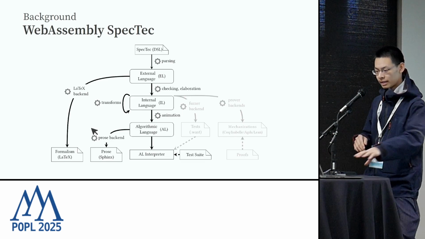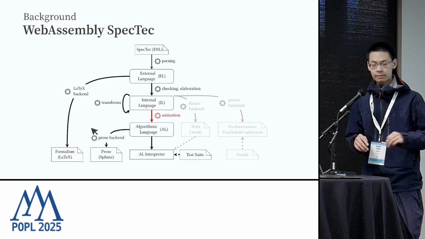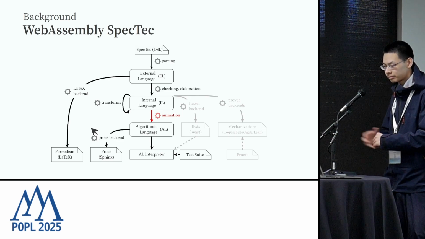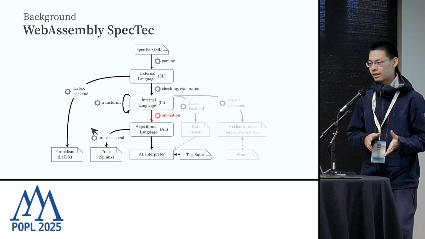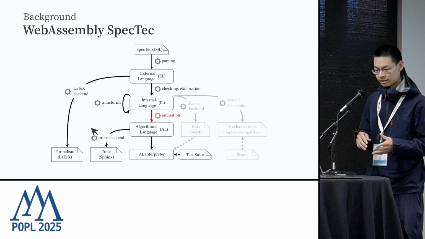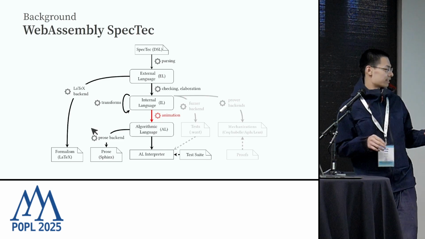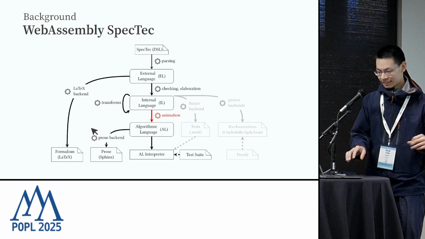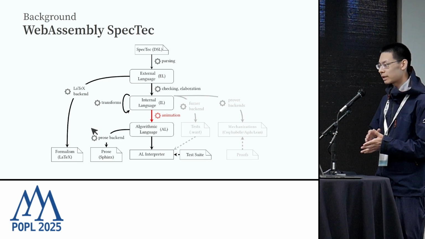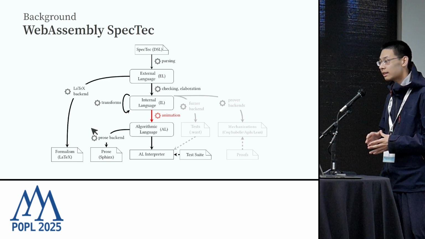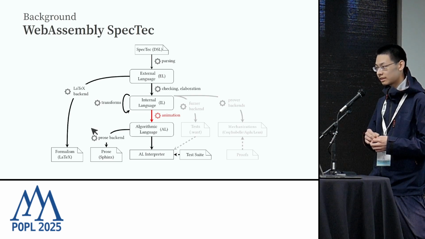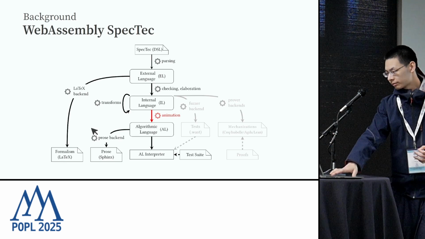And the interesting part is the IL to AL translation, which translates the declarative semantics to the algorithmic one. And then from the AL, we get the prose semantics, and oh, sorry, it's a bit blurry. And then from the AL, we also derive an interpreter that automatically interprets WebAssembly from the specification given.